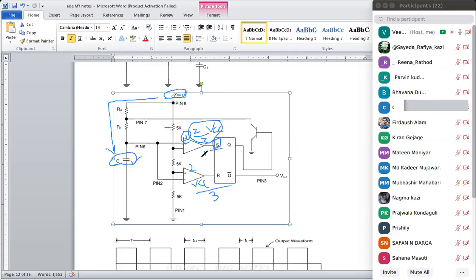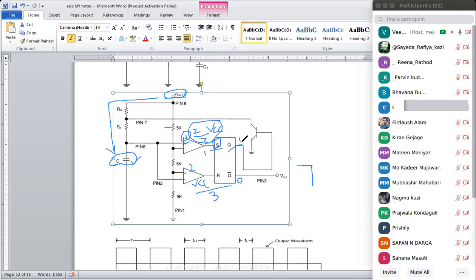If S is 1, the output of the flip flop is now going to be 1. So if Q is 1, then Q bar is 0. Previously Q bar was 1, now it has become 0.